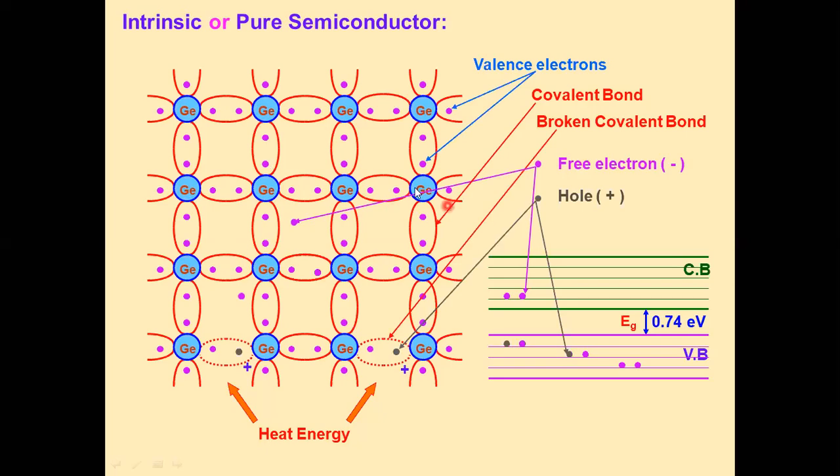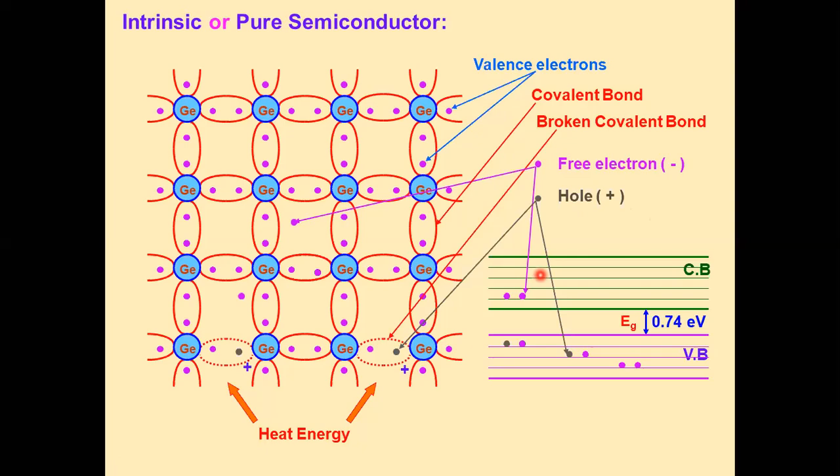So each germanium atom has four valence electrons, and there is a covalent bond between neighboring germanium atoms. When these valence electrons and holes get combined with another atom, this intrinsic semiconductor converts into an extrinsic semiconductor.